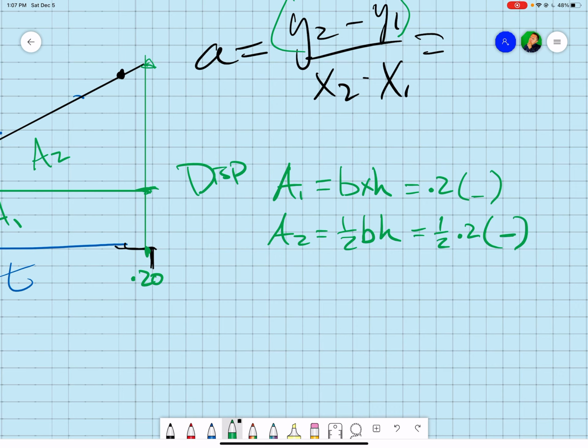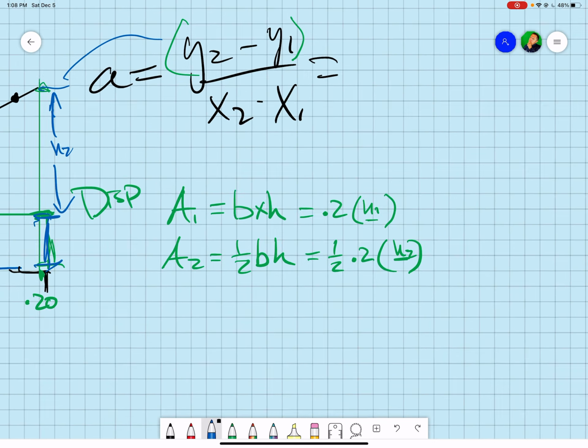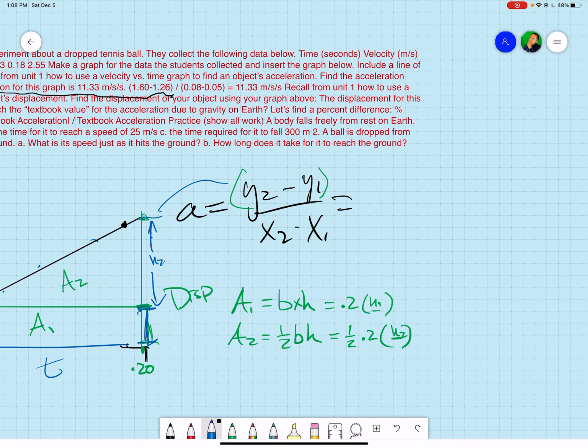So just understand that this height is different than that height, okay? Height 1 was just from here to there. Height 2 is from here to there and uses this calculation. Okay, all right.